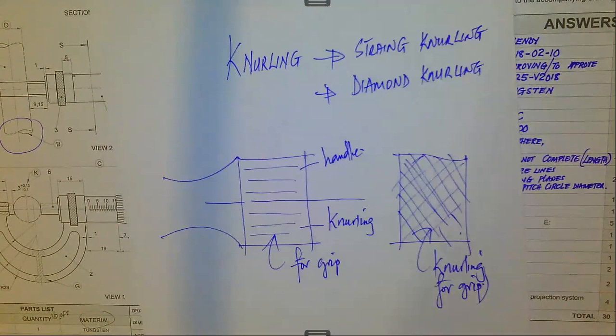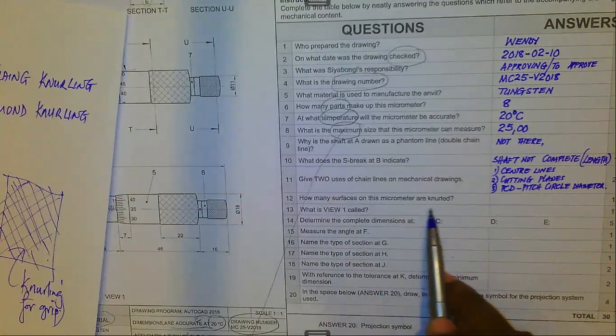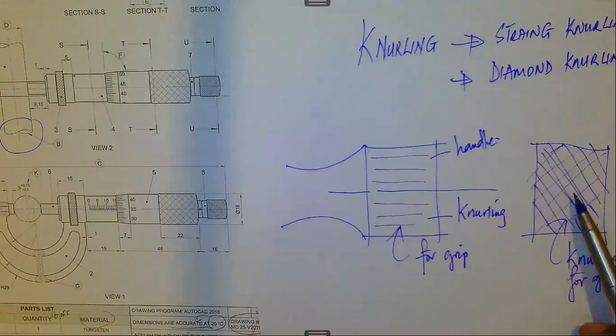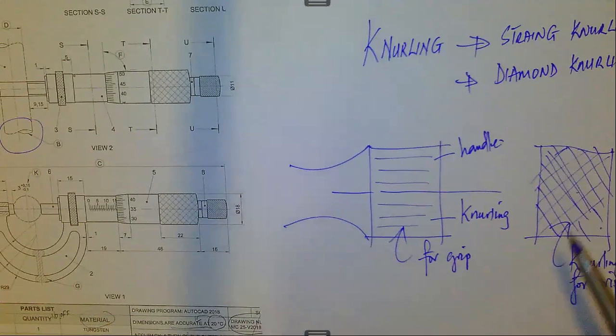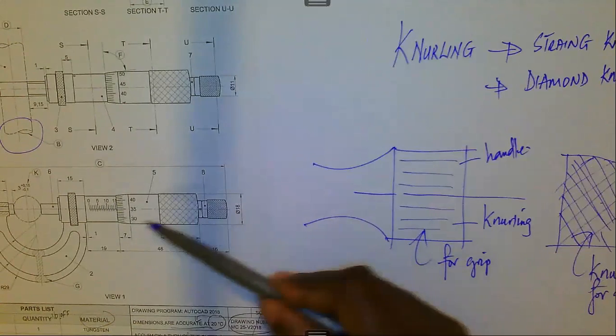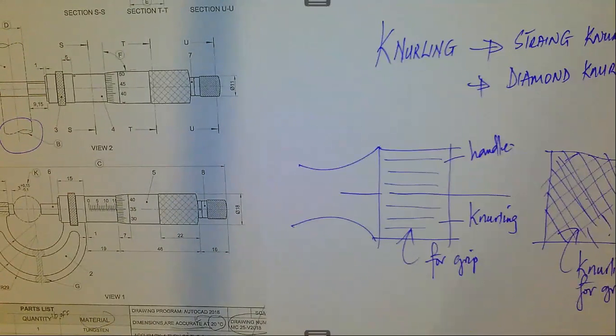So the question would be, how many surfaces of this micrometer are nailed? You have this, which is the same as that, this one also, which is similar to this, and that one, which is similar to that. So we have 1, 2, and 3 surfaces nailed in order to create a grip for handling purposes. So you would come here and write 3 like that.